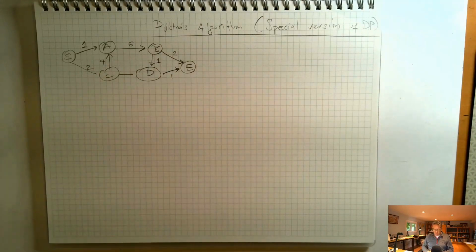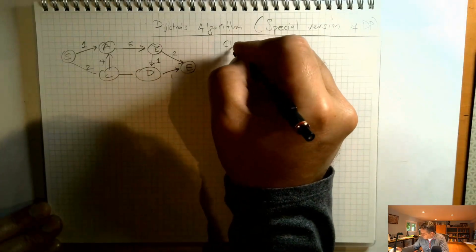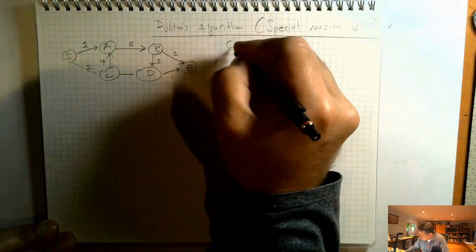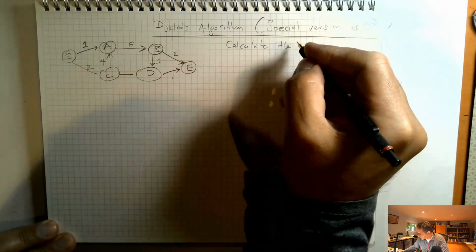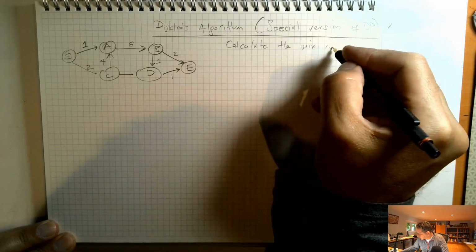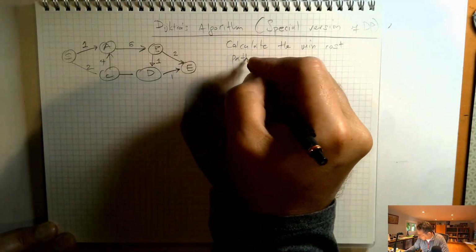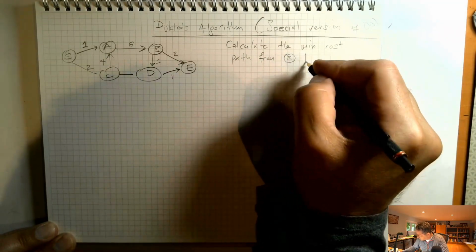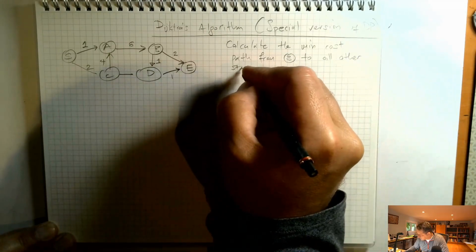So this is the problem statement here: calculate the minimum cost path from S to all other states.